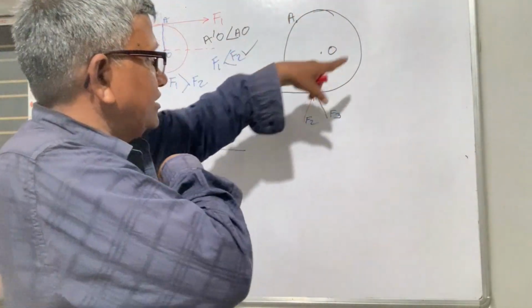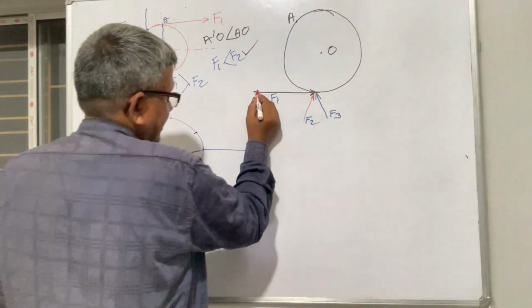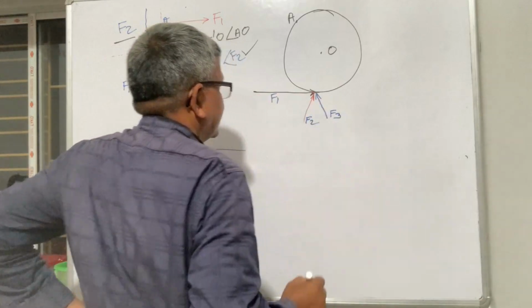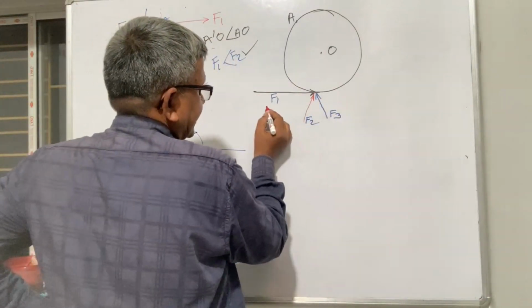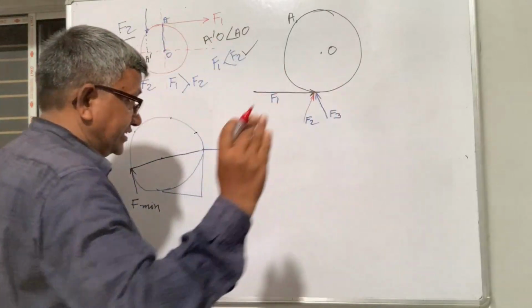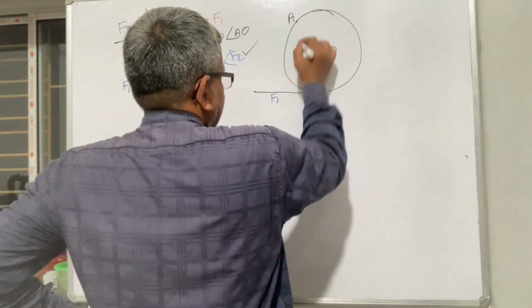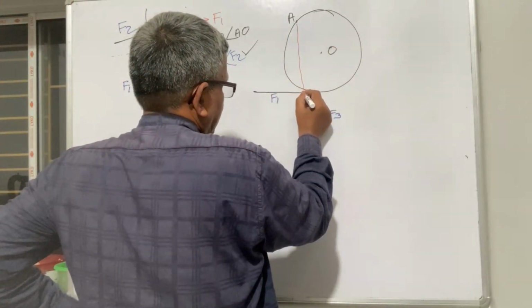Sir, I want to do another thing. This is a wheel. F1 force is acting here in this direction. Which one is greater, smaller, and in between? This distance is the perpendicular distance to the direction of force. Agreed, sir?